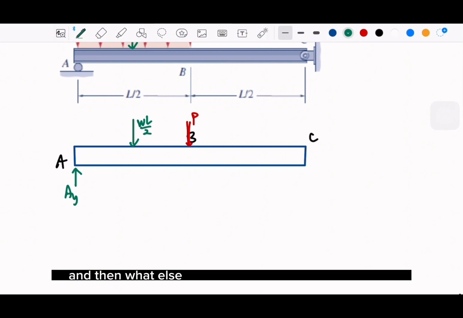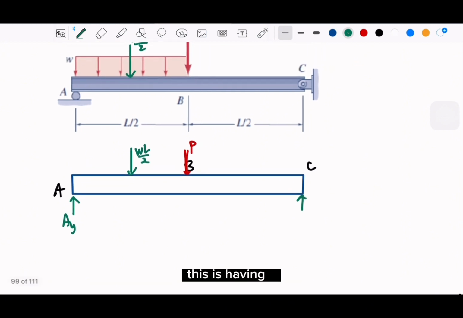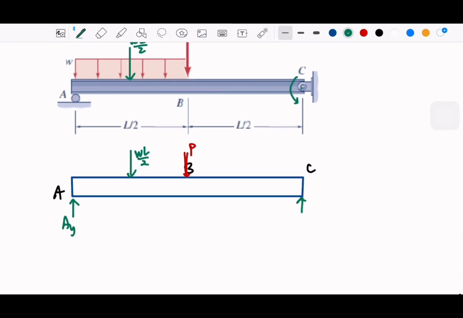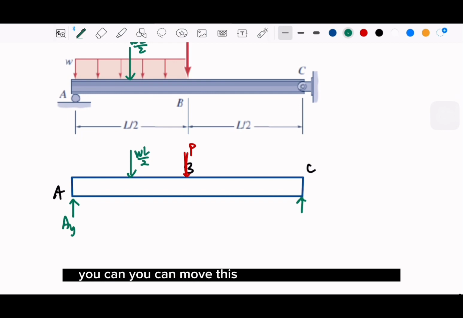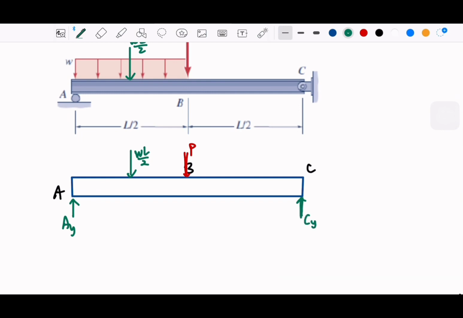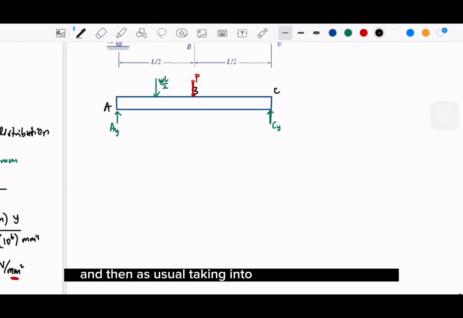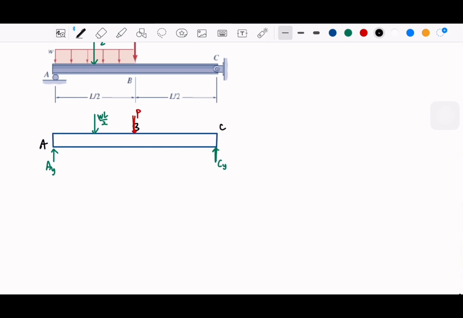And then what else do we have? Oh, we have a reaction here, which we can move, right? So we can have this CY also. And then as usual, taking the sigma moment.